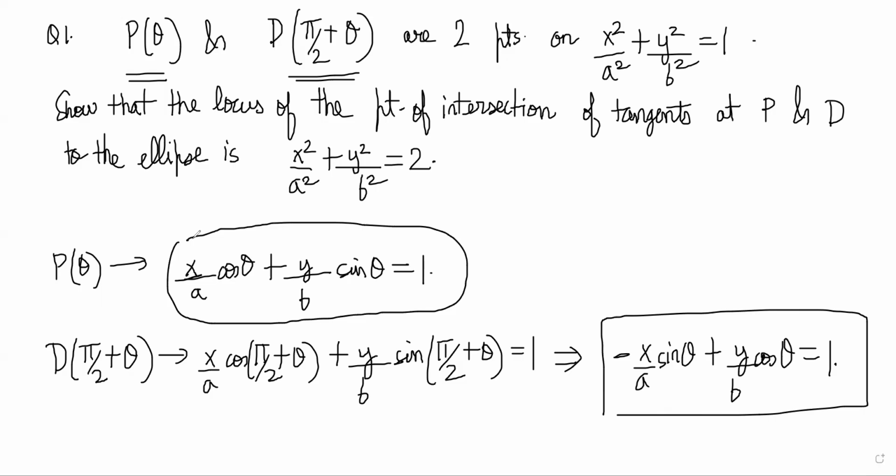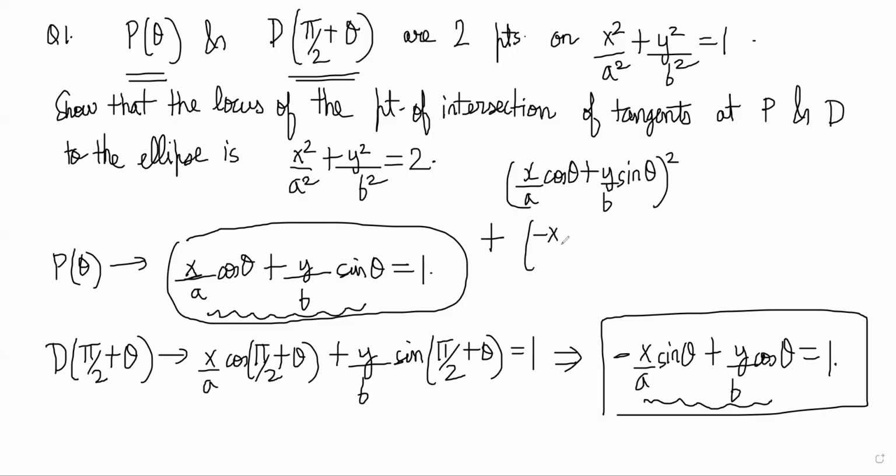So the idea is here, if you square and add, think about it, if you square this term and square this term and add it, what will come? X by a cos theta plus y by b sine theta whole square plus minus x by a sine theta plus y by b cos theta whole square will be equal to 1 plus 1, 1 square plus 1 square.